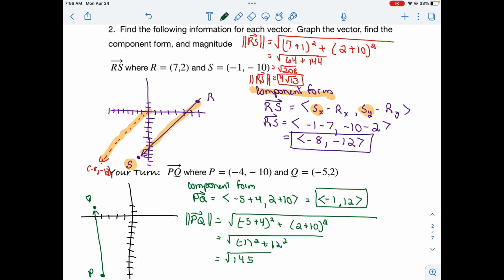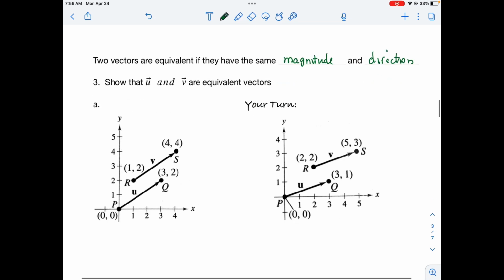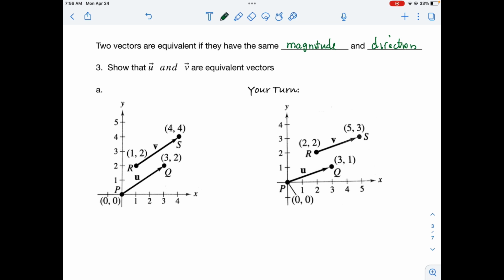Okay, two vectors are equivalent if they have the same direction and magnitude. For part A, let's see if vector RS is equivalent to vector PQ, or vector U is equivalent to vector V. Remember, to be equivalent, they must have the same magnitude and the same direction.